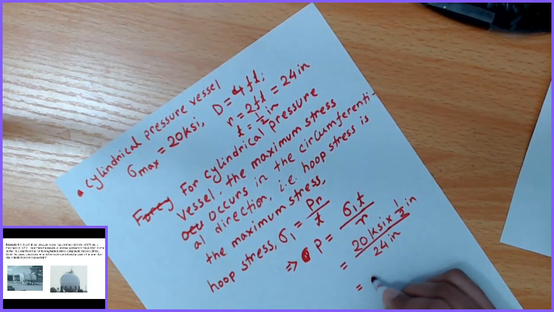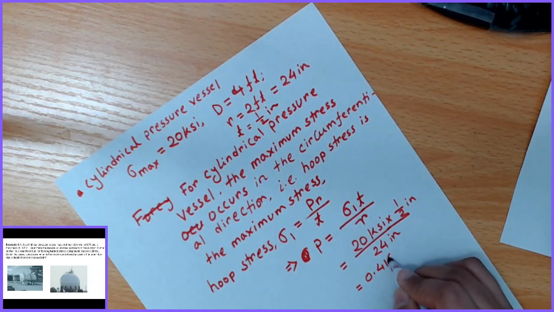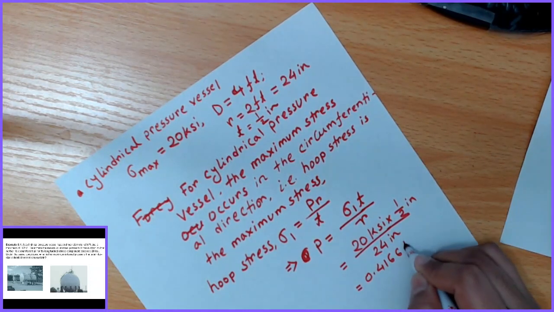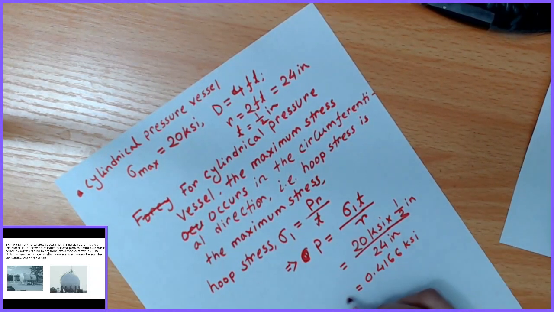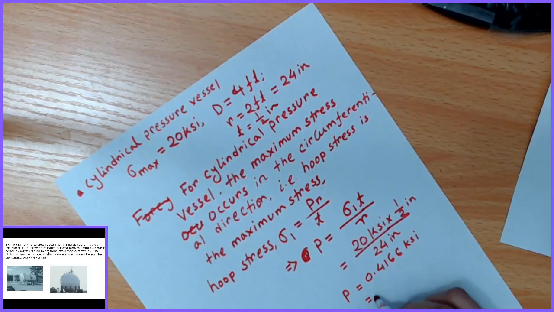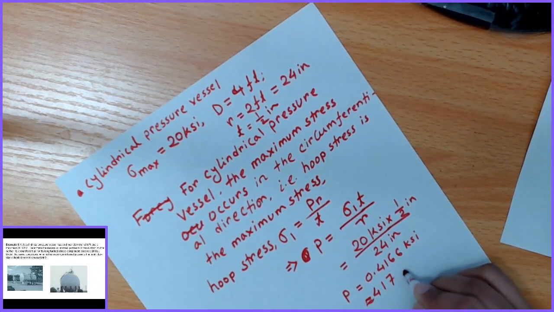So that is 0.4166 ksi, which is 417 psi.